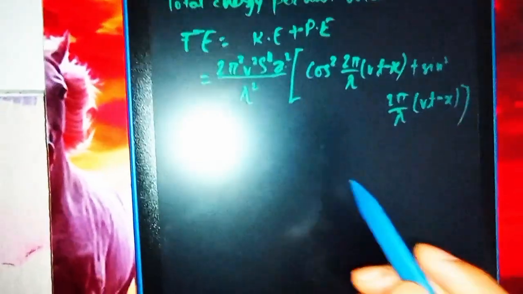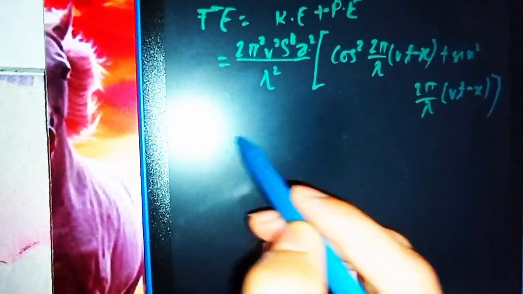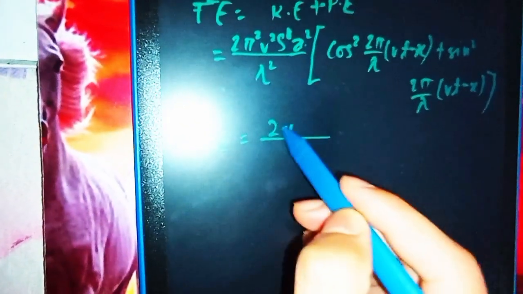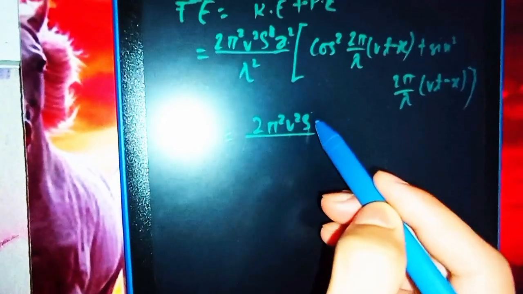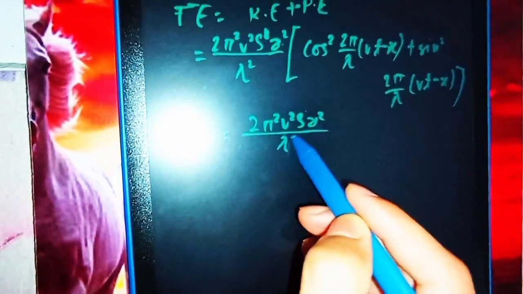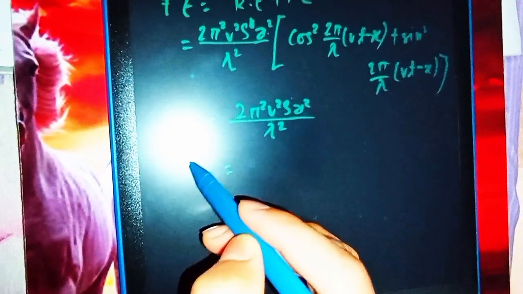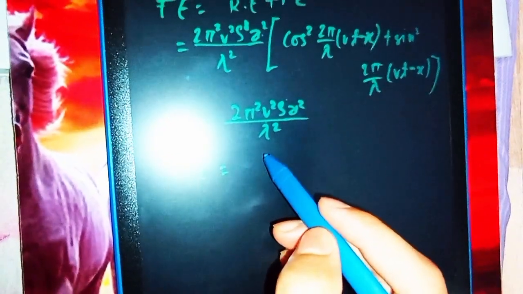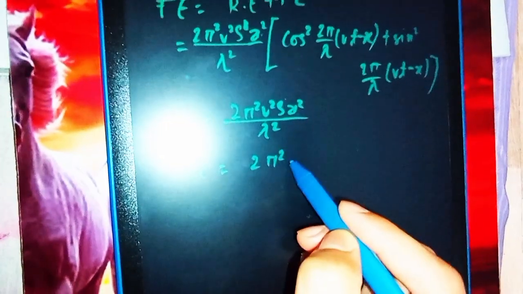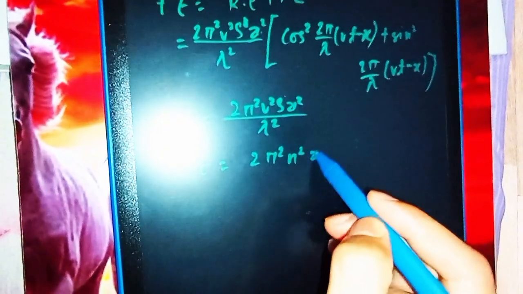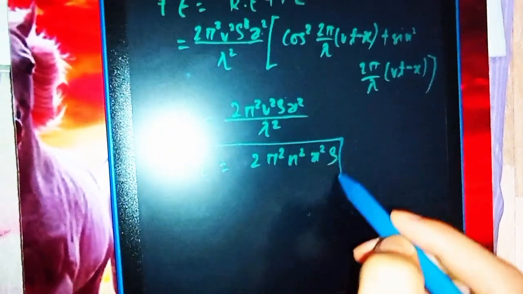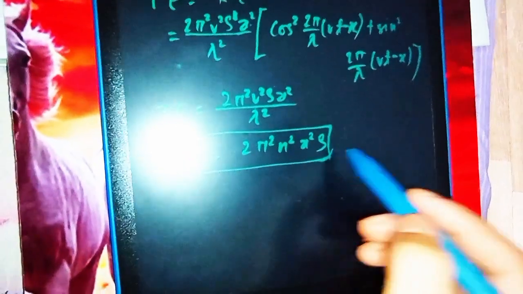So total energy is equal to 2 pi square v square rho a square by lambda square, which equals 2 pi square n square a square rho. This is the final expression for total energy.